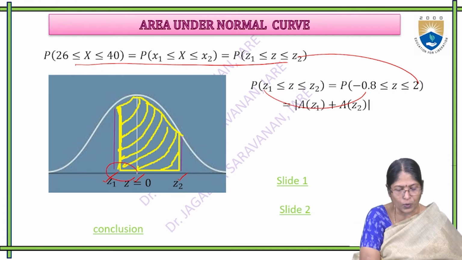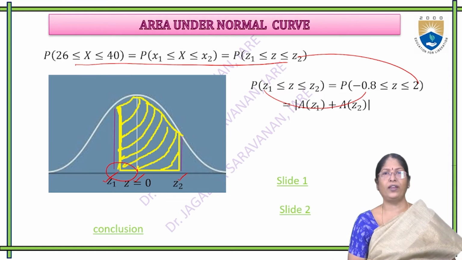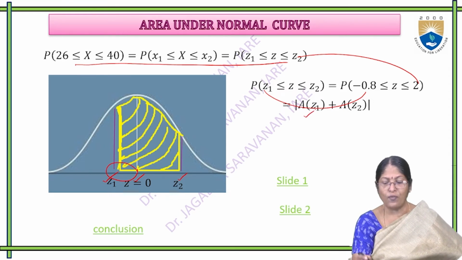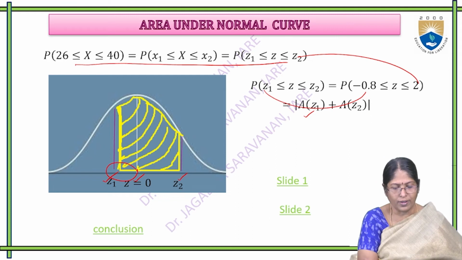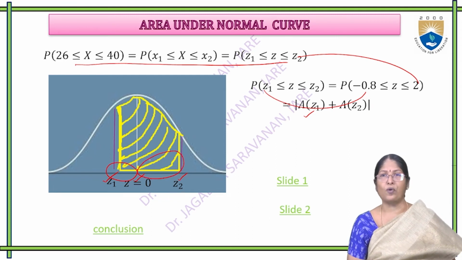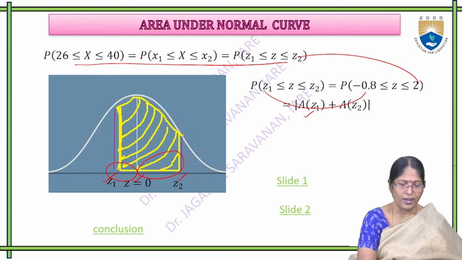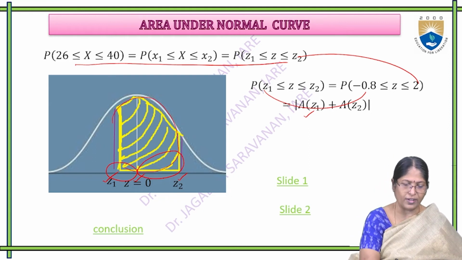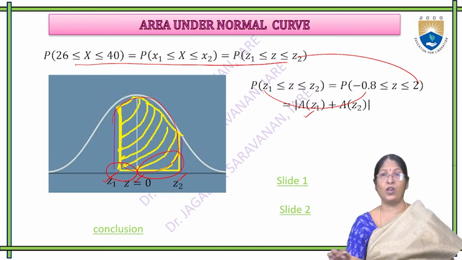This part we are going to calculate first, that is the area of z1, and this part we will calculate, that is the area of z2. Then the shaded part, in the different color, the yellow one, the complete part we will be getting using area of z1 plus area of z2.